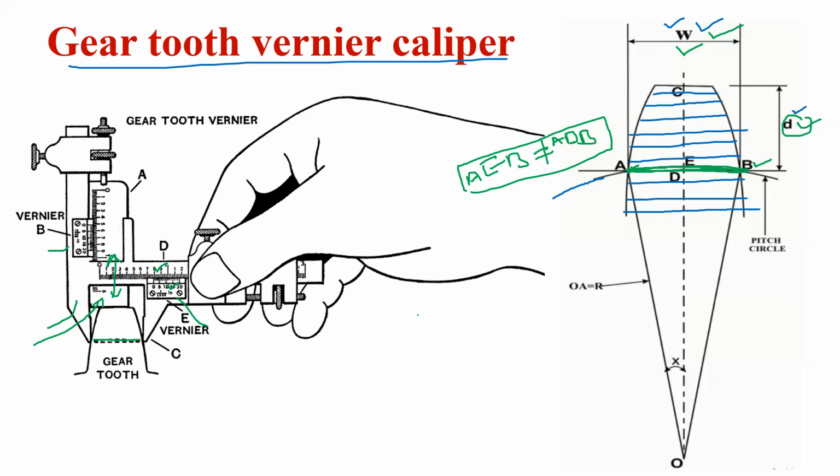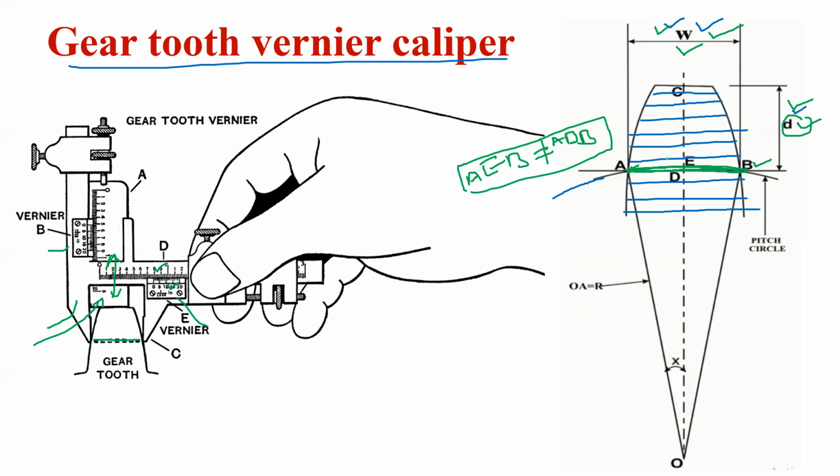We can also calculate these D and W values theoretically, the theoretical values of chordal tooth thickness and the depth of the chord.